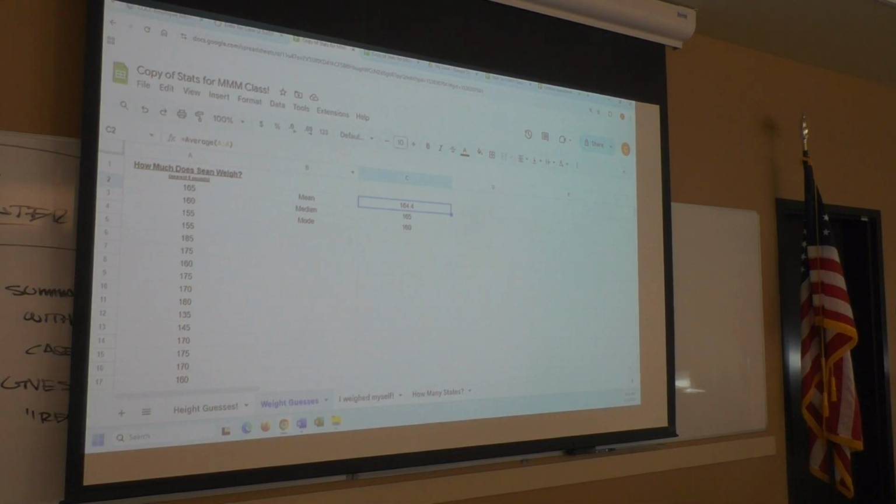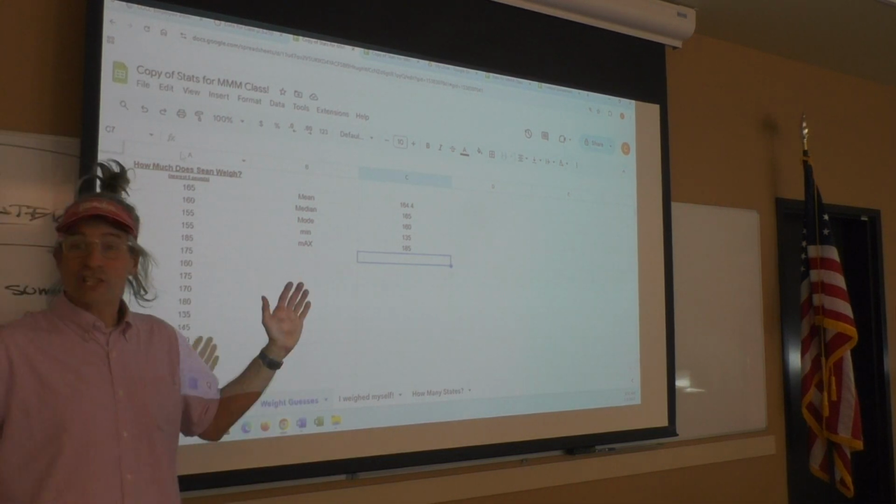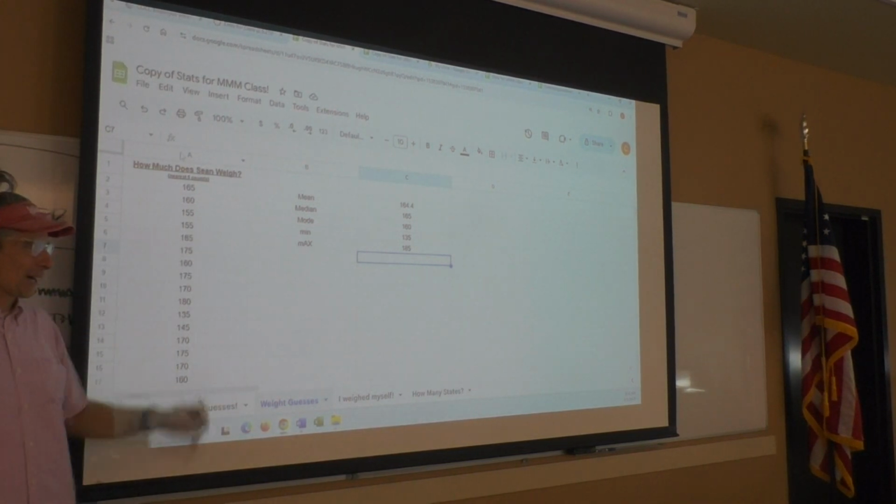Let's take a quick look. There's a big difference, right? Between the lowest guess, which was 135, and the largest guess, which was 185, there's a 50-pound difference, which is exactly what I was hoping was going to happen.